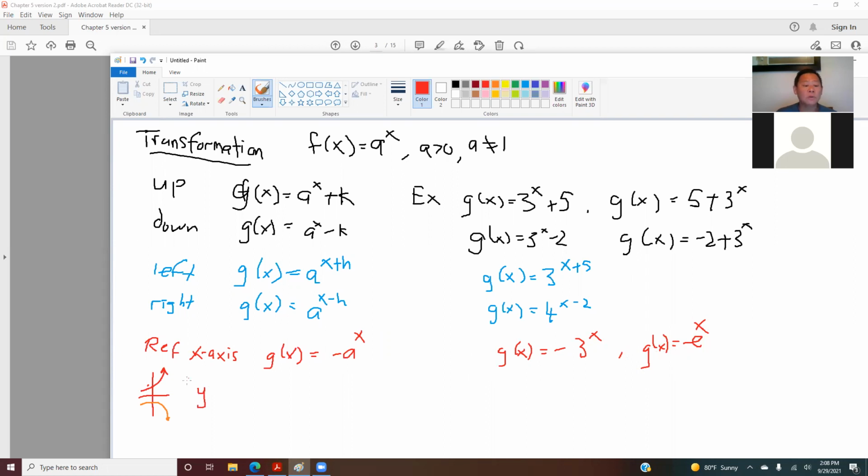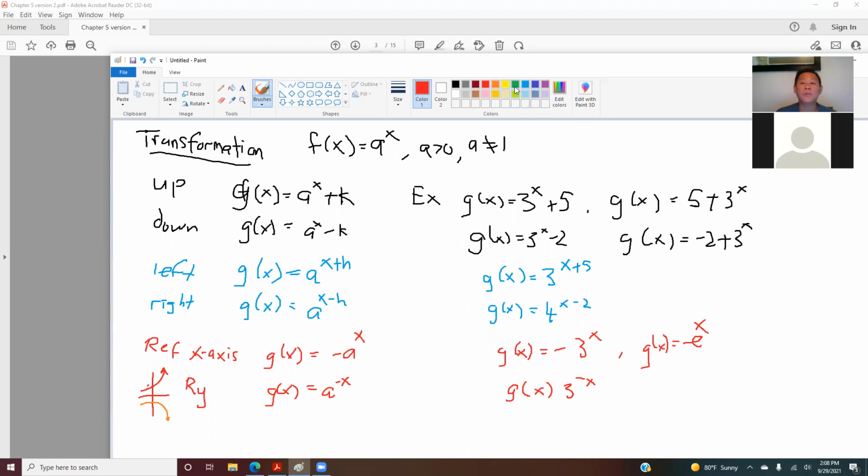We can also do a reflection on the y-axis. Short form is ry. This is where your negative is on the power, on the exponent side. So be careful with the x and y axis here, because the difference is the negative is on the power for the y-axis, and for the x-axis it is in the front.